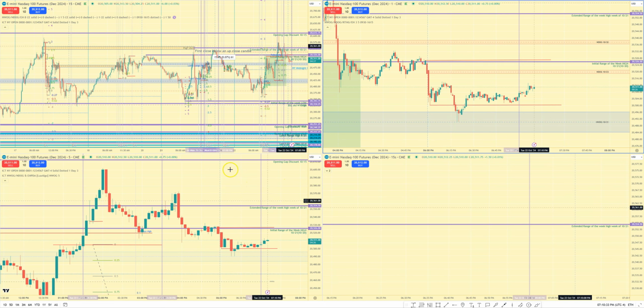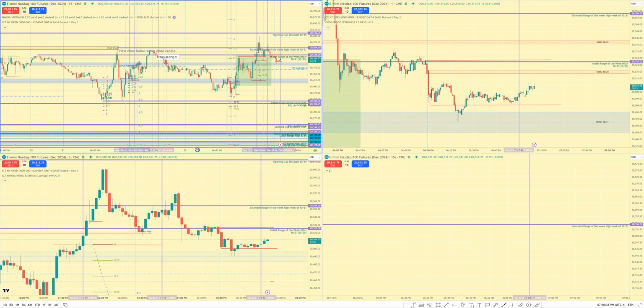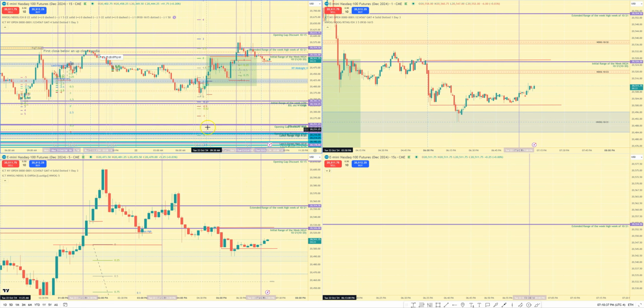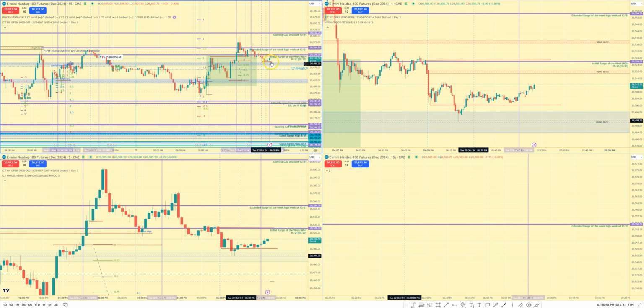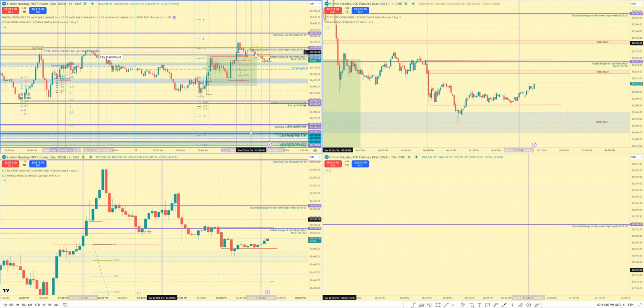Look where price is. If we go check out the 15-minute to see some more stuff, we have high, low, high, low. You know what I'm saying? This movement here, we have highs being taken out, lows not being taken out, high taken out again, a low not taken out. This is consolidation.